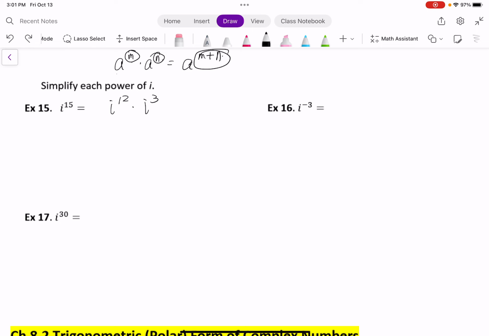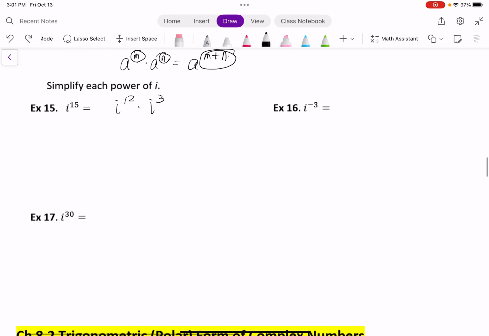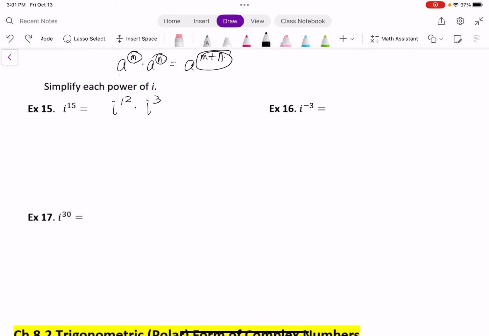Because 12 is a multiple of 4. I want to make an easy one. So the first factor, i to the 12th, is 1, multiplied by i cubed. i squared equals -1. i cubed is, both sides multiplied by i, -i. So we have 1 times -i, -i.